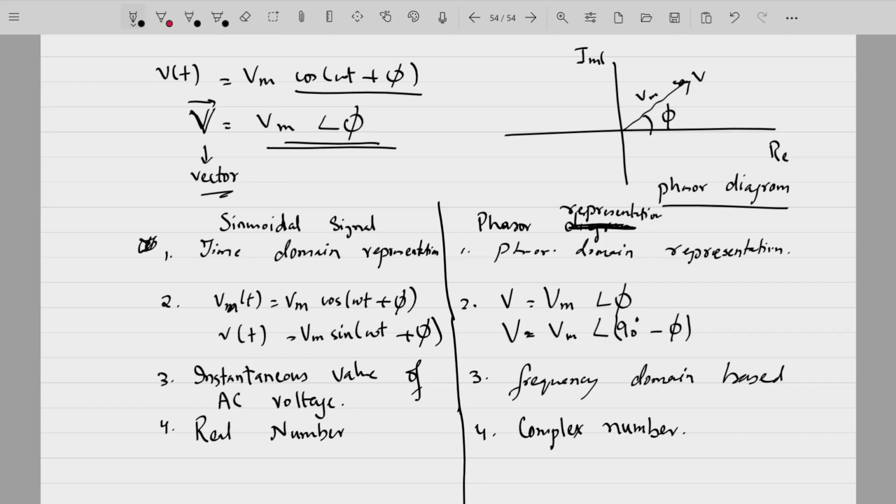Even if Vt is equal to Vm sine of omega t plus phi, by itself it's still a real number only. इसके साथ कोई j term तो associated नहीं है. It is still a real number, but your phasor is a complex number and it actually represents a complex value. So this also is a vector quantity. It has both magnitude as well as direction.